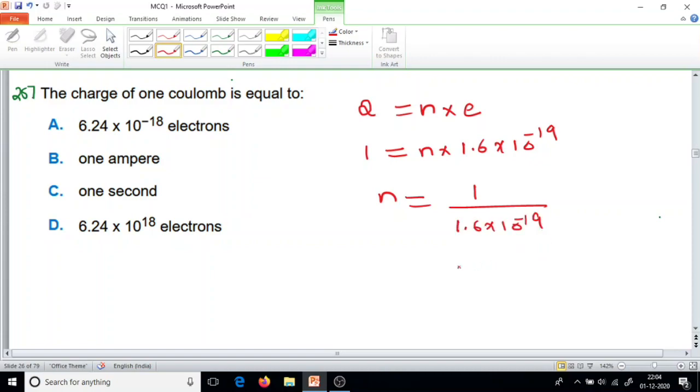You should understand this, as this question can come in different values and forms. So it is 6.25 into 10 to the power 18 electrons that will provide 1 coulomb of charge. All of you should practice.